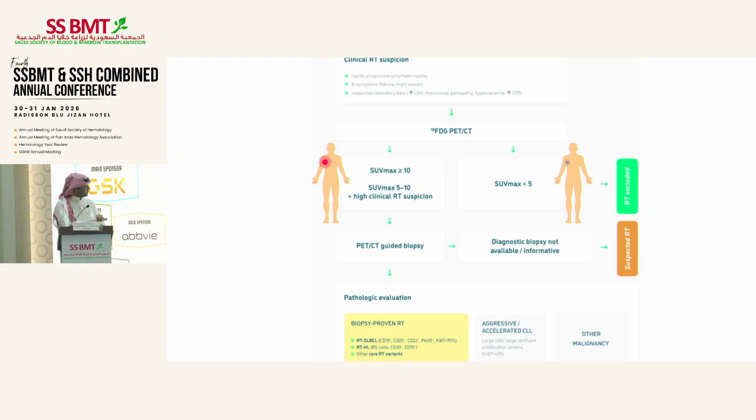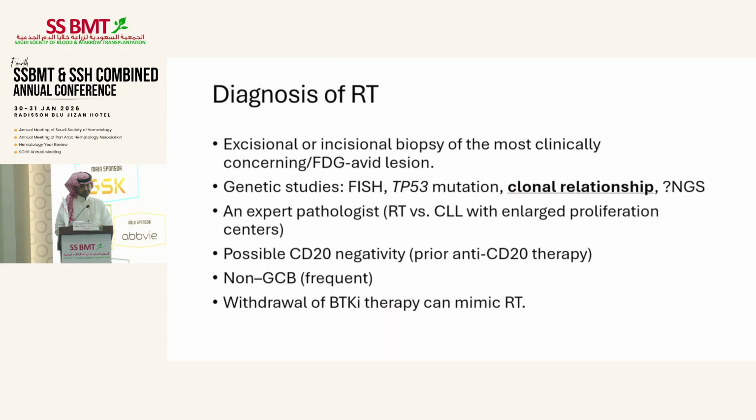So once the biopsy is done, it should be guided by the most avid site, and then you go further with tissue confirmation and then overall evaluation and therapy after that.